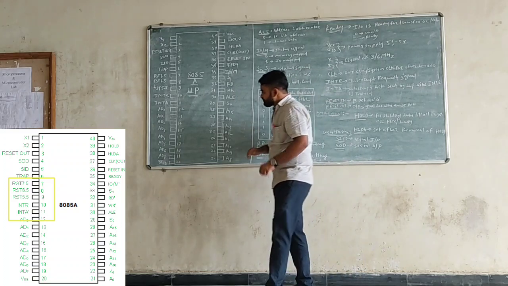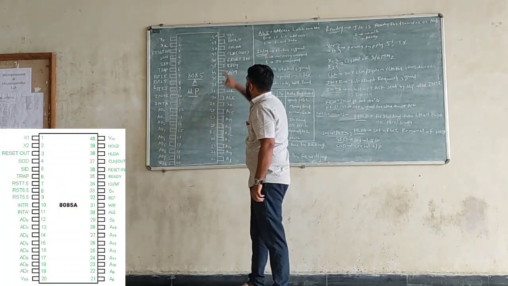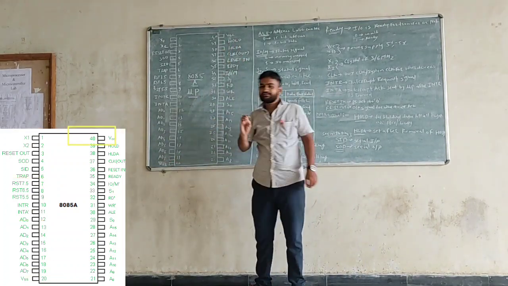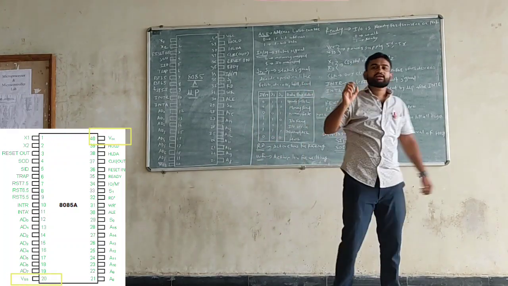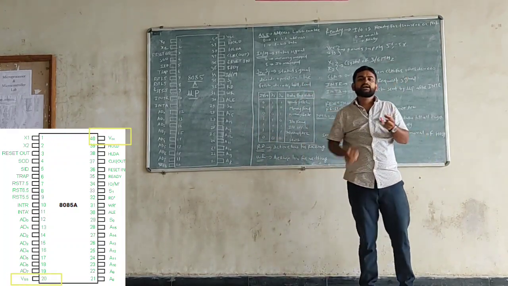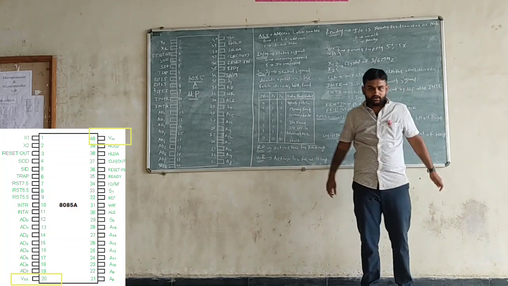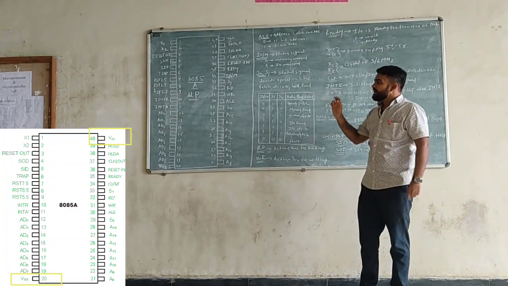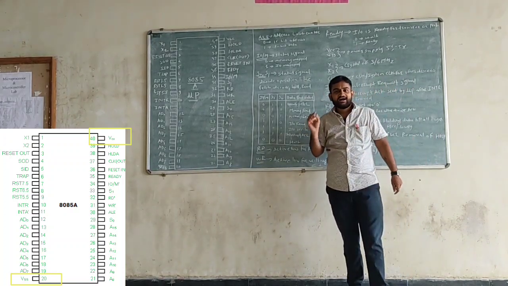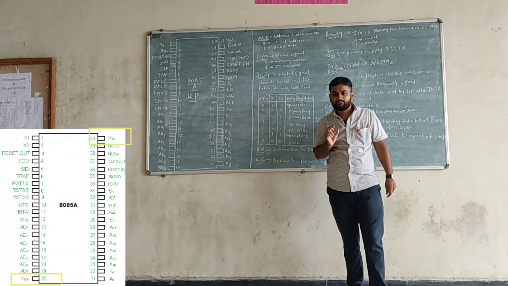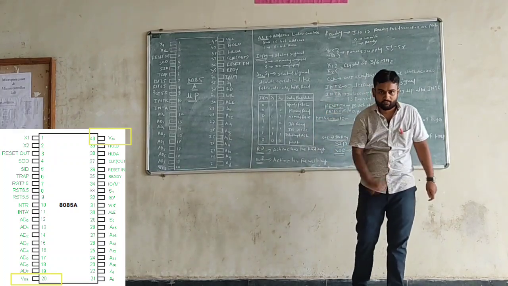After that, we have VCC and VSS. As we know, a microprocessor or microcontroller needs to operate at very low power. So the Intel family designed this using 6500 transistors of 3 micrometer.